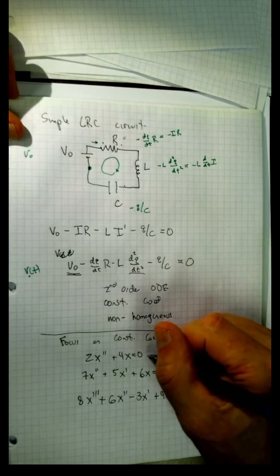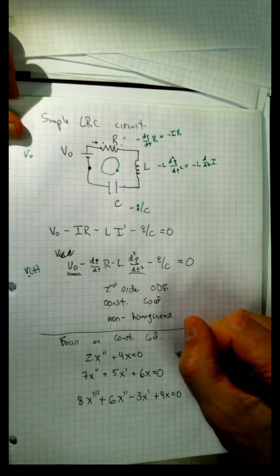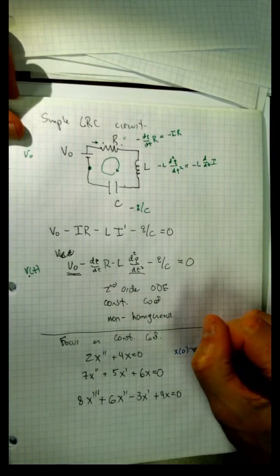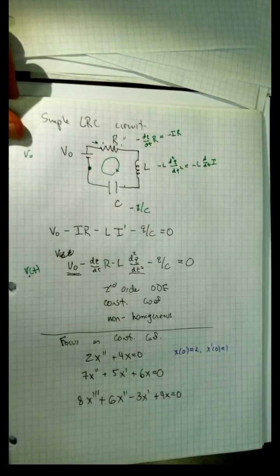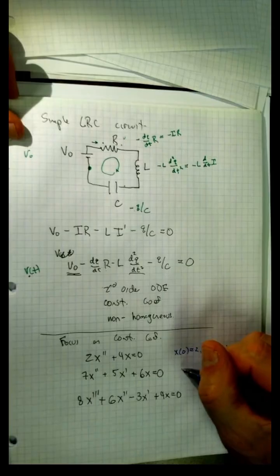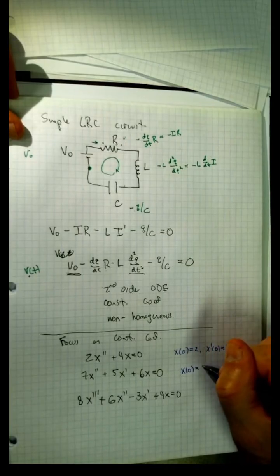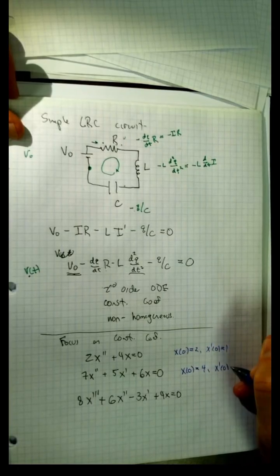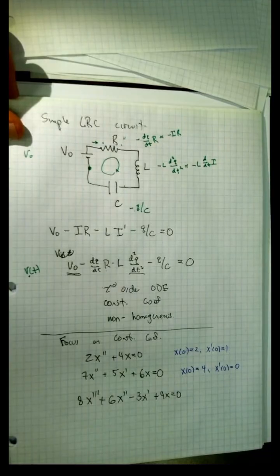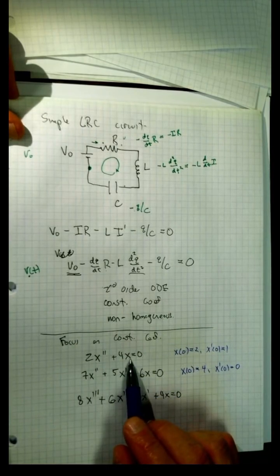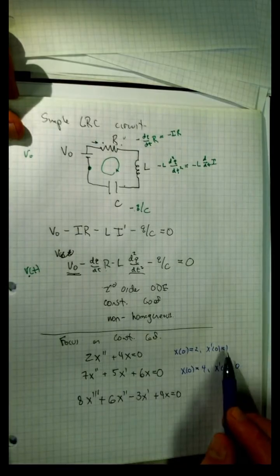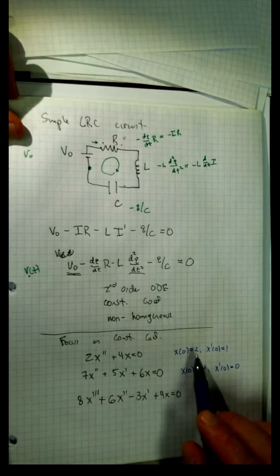Notice there's no initial conditions given here. So if we do give you initial conditions, I can expect you to deal with this and figure out what the constants are going to be. All right, so the idea is you're going to first find the general solution, and then you'll have two unknowns.